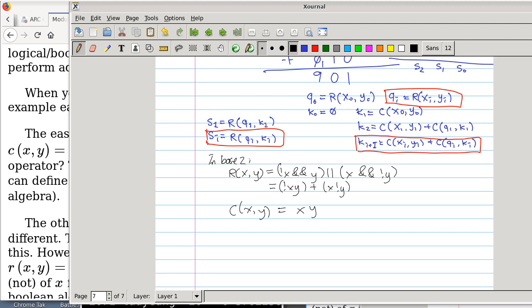But when we talk about base 2, the R function becomes this, which is a Boolean expression. The C function becomes this, which is also a Boolean expression. So when we combine base 2, which translates everything into Boolean expressions, with the structure of multi-digit addition, now we can come up with the circuitry to perform multi-digit addition in base 2.